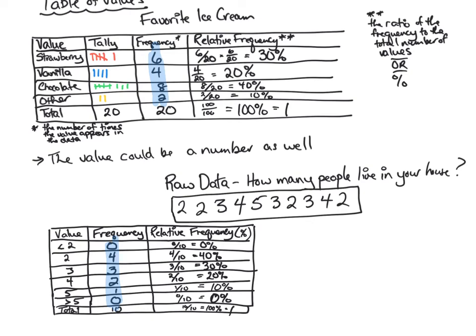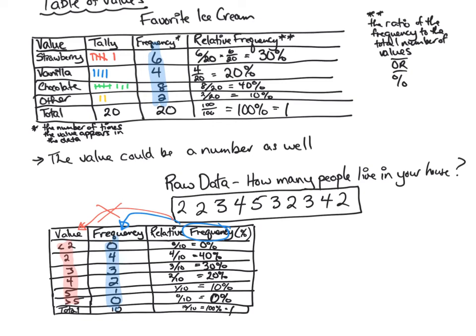In this case, you might think, oh, well, these are numbers, so maybe I'm supposed to use these, but I've put it in red for you to remember you are not supposed to use these values to calculate relative frequency. You are doing relative frequency, so you should be looking only at the frequency values, not the value.